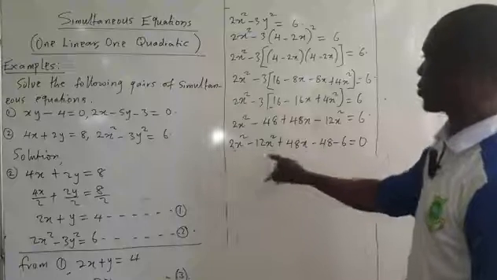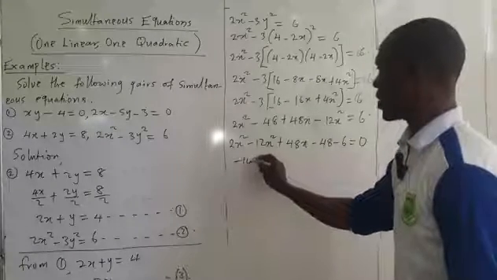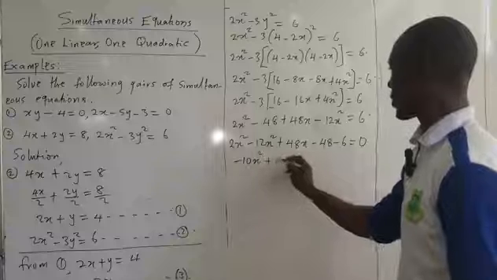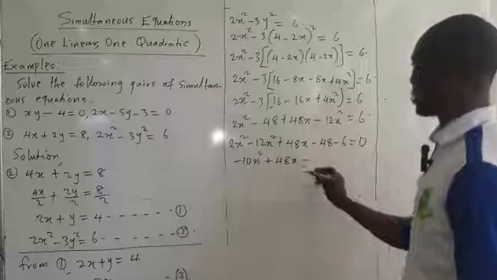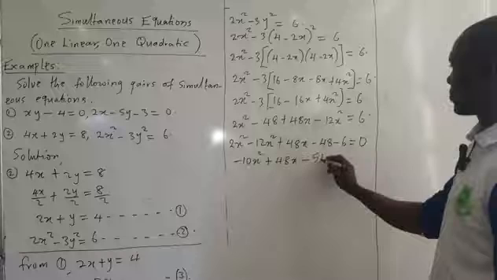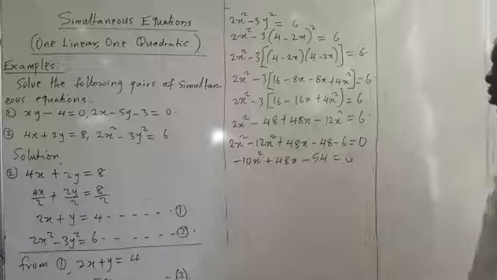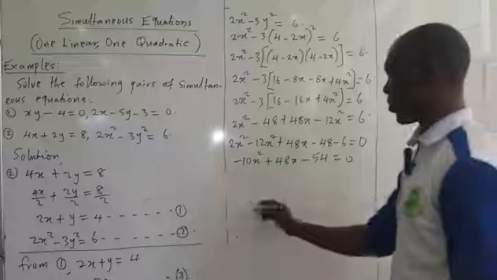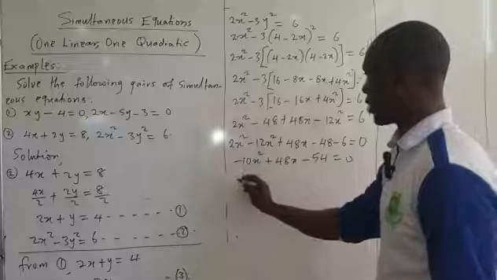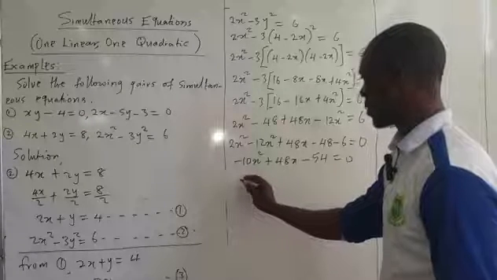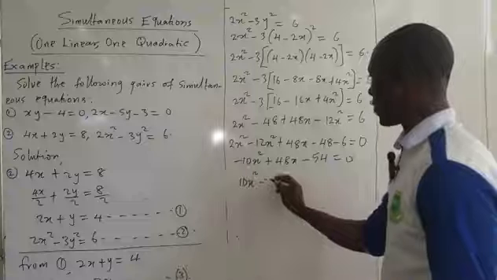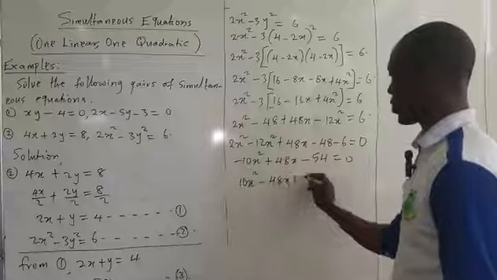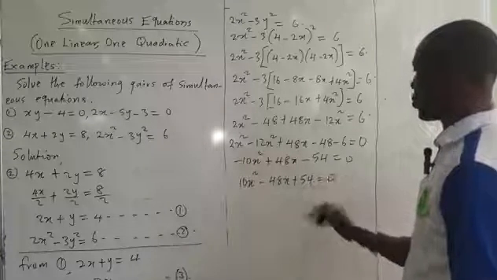So 2x squared minus 12x squared, that's minus 10x squared, then plus 48x, then minus 54 equals 0. So we multiply through by minus 1. So we have 10x squared minus 48x plus 54 equals 0.